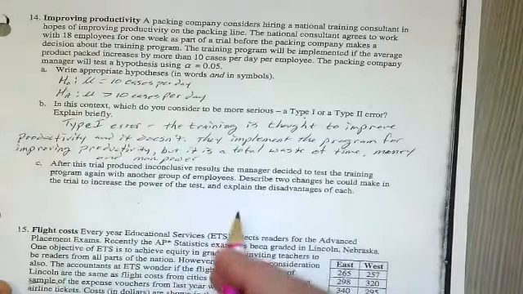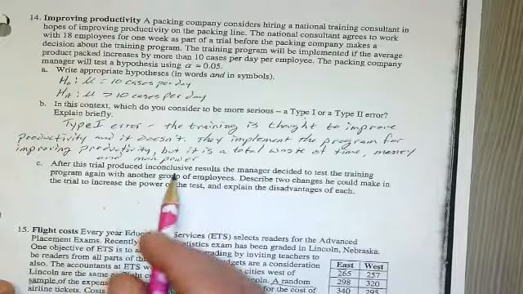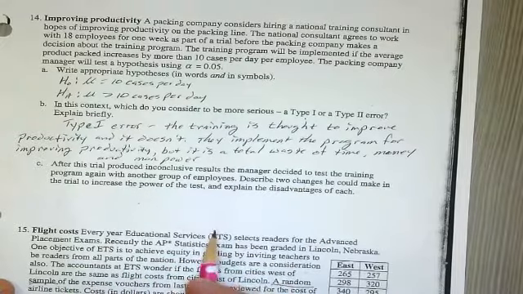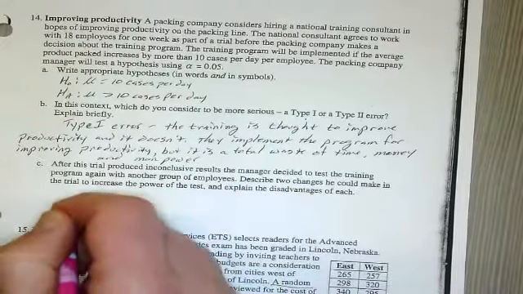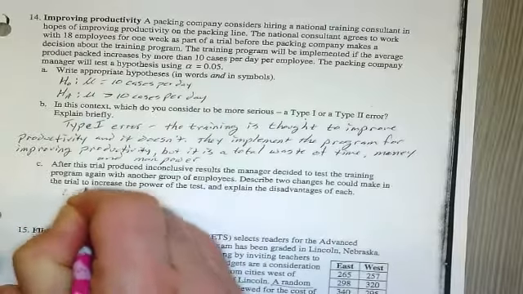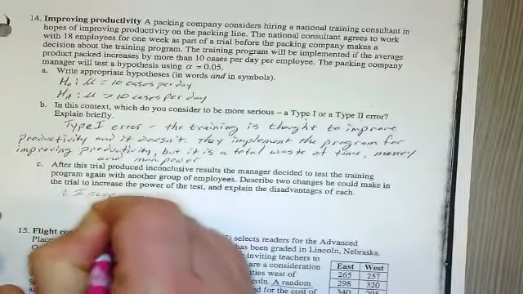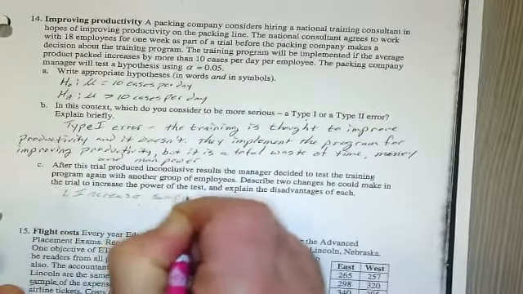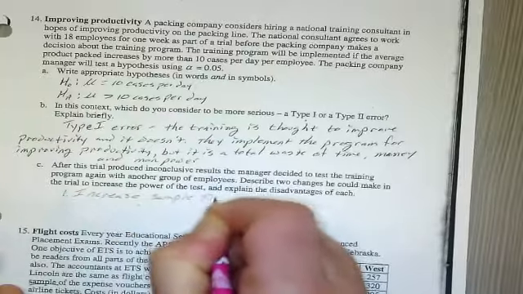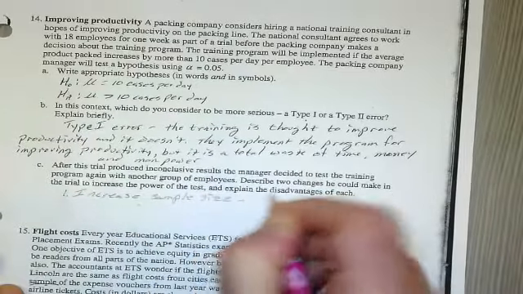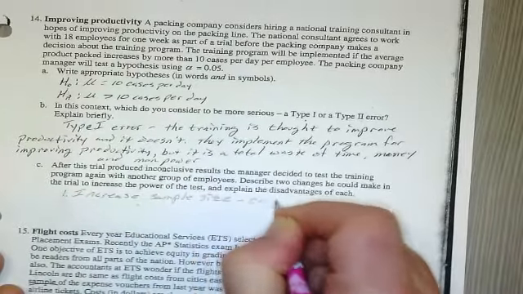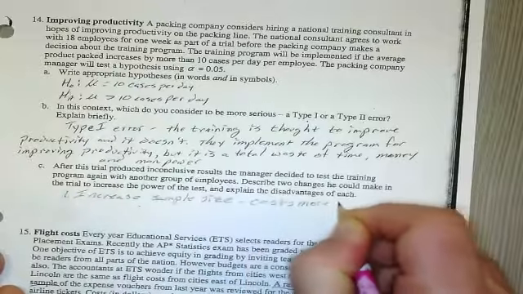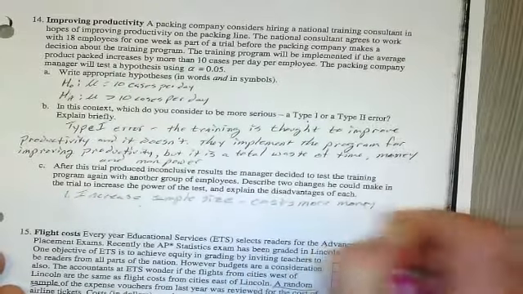Okay, and then we're talking about inconclusive results. The manager decided to test the training program with another group. Okay, 2 changes he could make. He could, 1, increase the sample size, which costs more money and time.